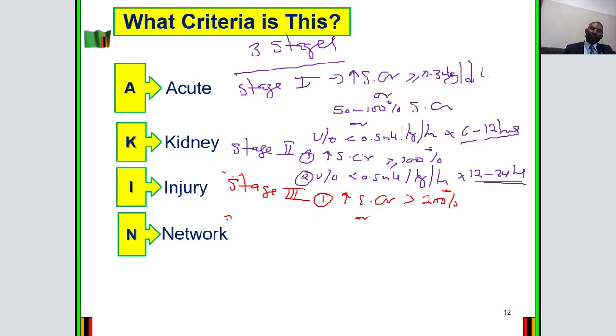Or number 2, there is also increased serum creatinine of more than 0.5. Usually you can just say by 0.5 milligram per deciliter to equal or above 4 milligram per deciliter. So that is in stage 3.